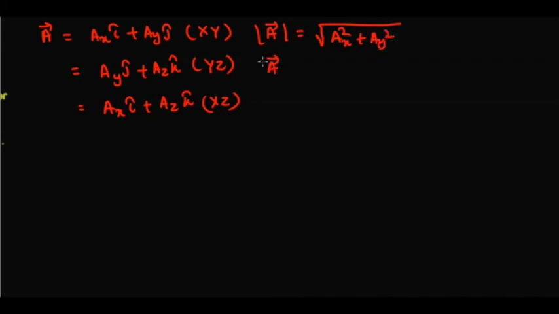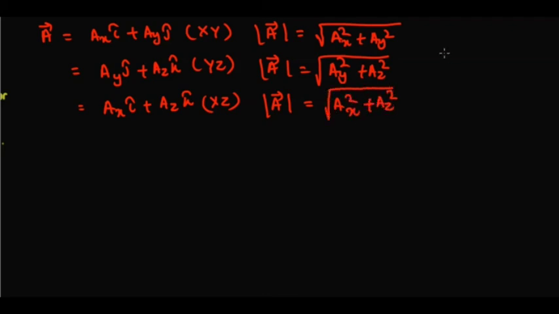In the second case, magnitude of A is square root of AY square plus AZ square. And in the third case, the magnitude of A is square root of AX square plus AZ square. So it is very easy. All these formulas are similar type.